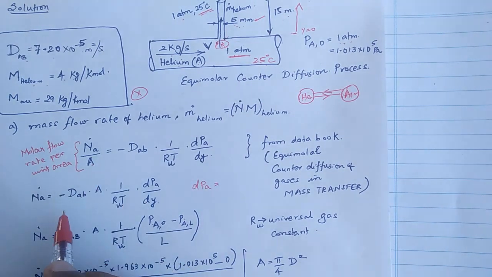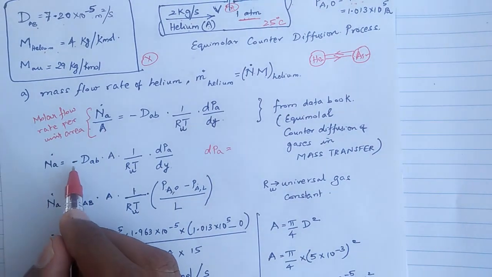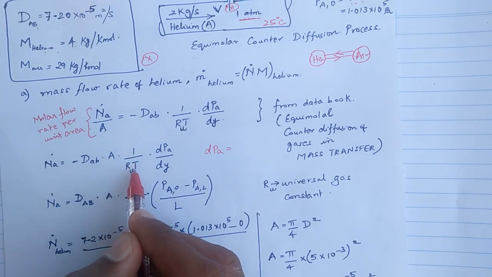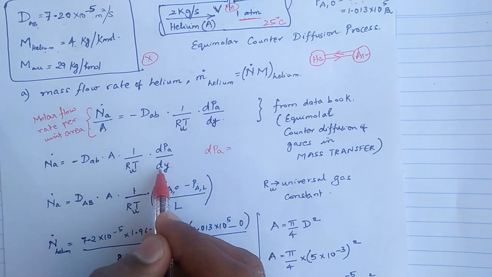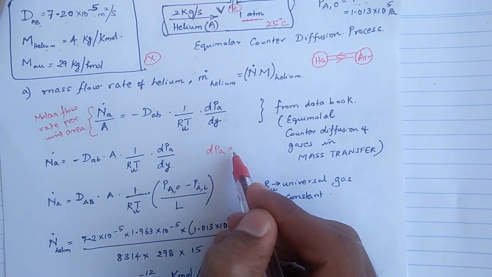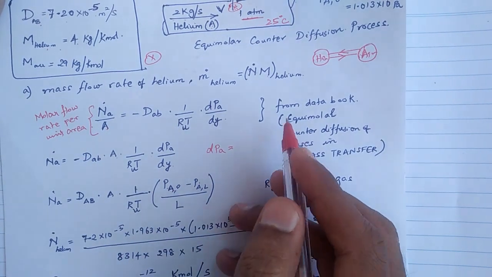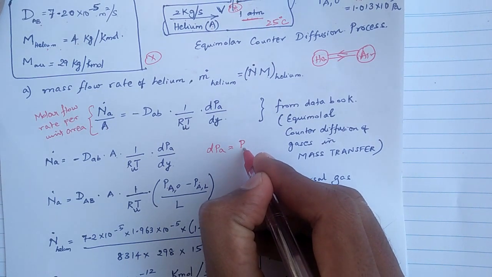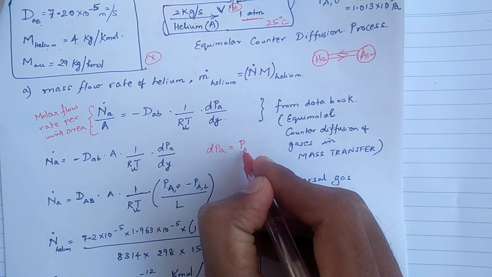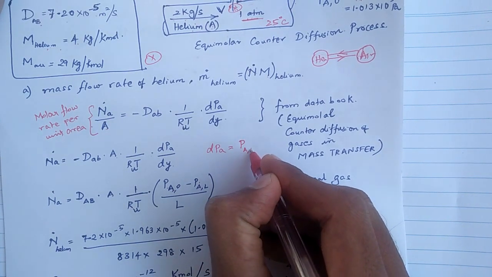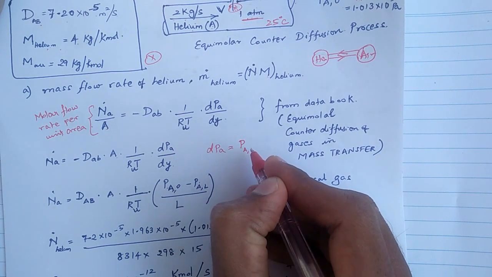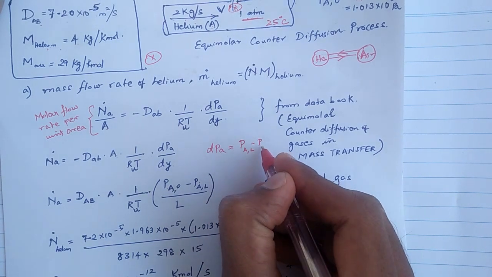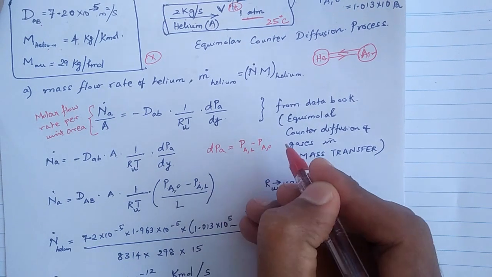Bring this A to the right hand side. Therefore N A is equal to minus D AB into A into 1 by RT into dP A by dy. So this dP is the pressure at a distance L minus pressure at a distance 0.